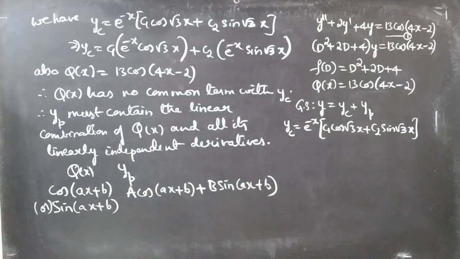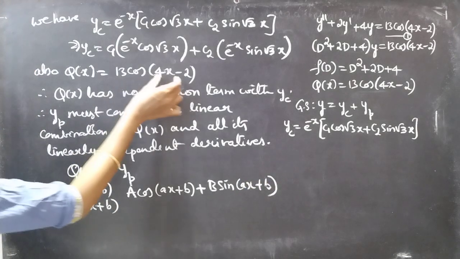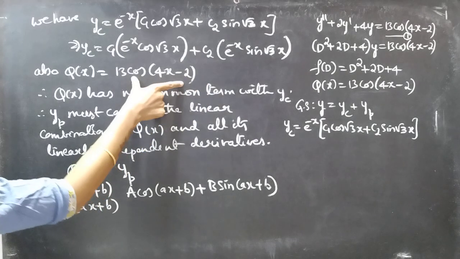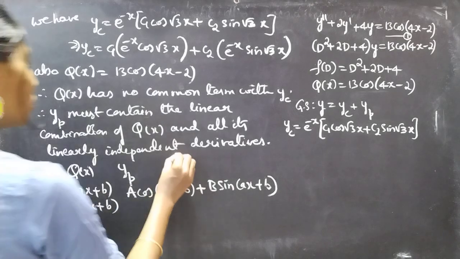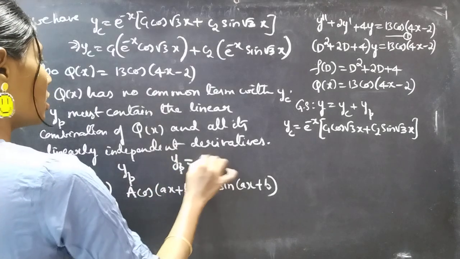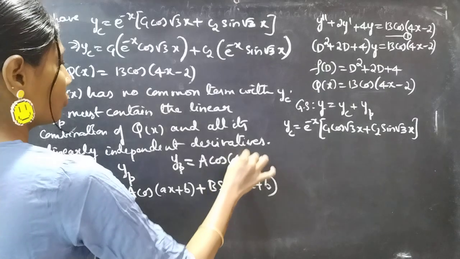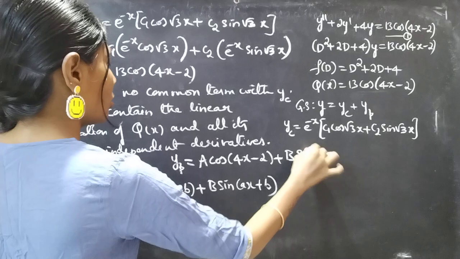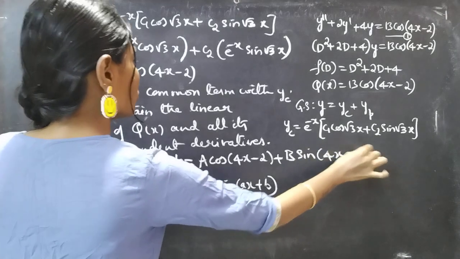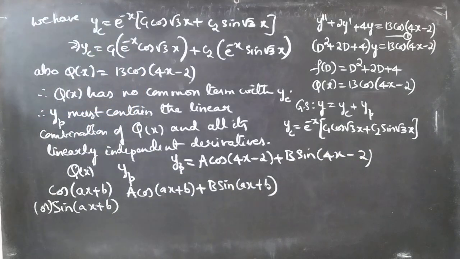Okay, so in our case we have cos 4x minus 2 in q of x, right? So for a equal to 4 and b equal to minus 2, we'll have yp equal to a cos 4x minus 2 plus b sine 4x minus 2. This is the formula for yp such that it satisfies the given equation.